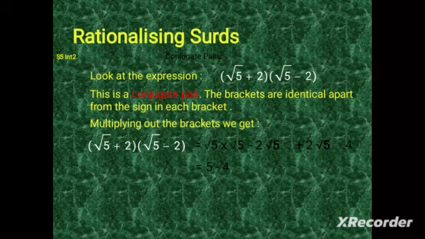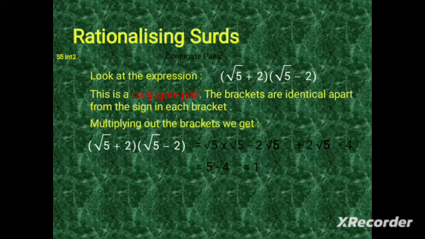If you know expansion very well, it is just the same thing. So it will get us 5 minus 4. So it is proving our law, in this case law number 3. And so our answer in this case will be 1.